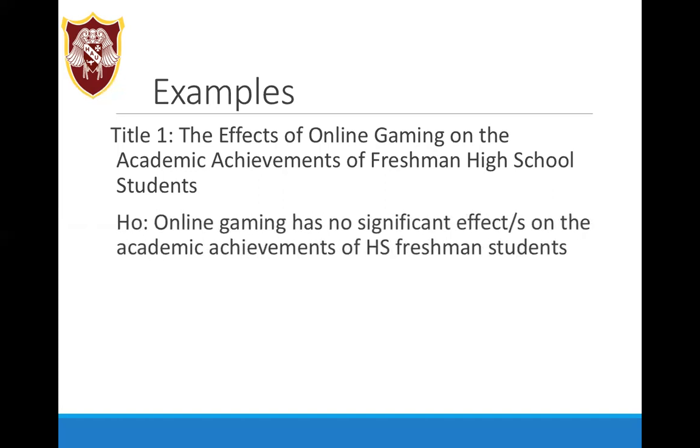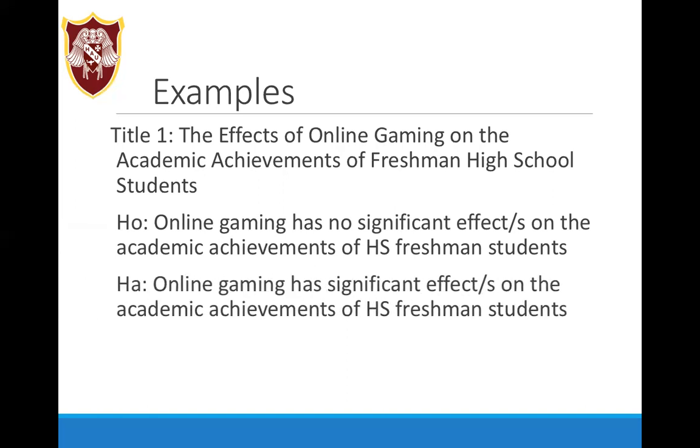We can state the null hypothesis in this way: online gaming has no significant effect on the academic achievements of high school freshman students, which means that a possible alternative hypothesis is that online gaming has a significant effect on the academic achievements of high school freshman students.